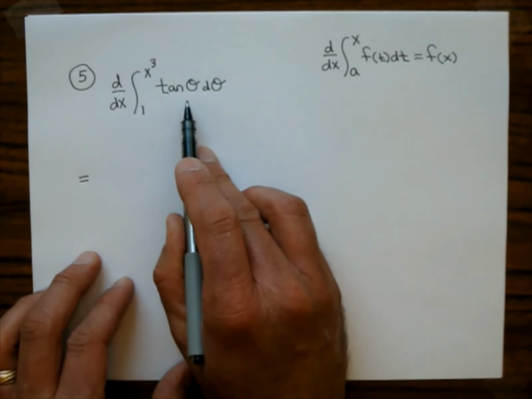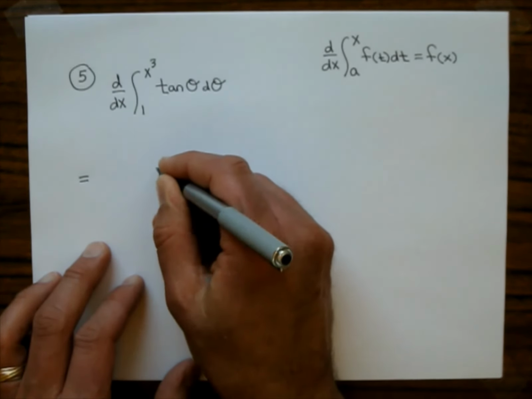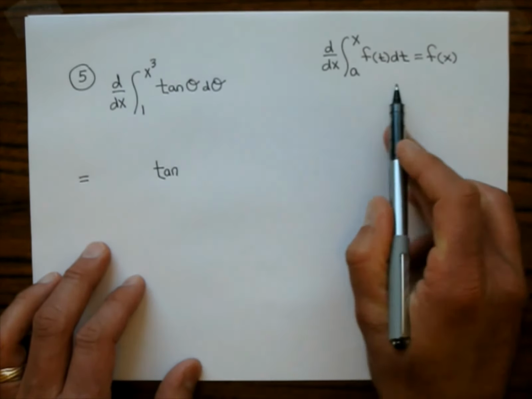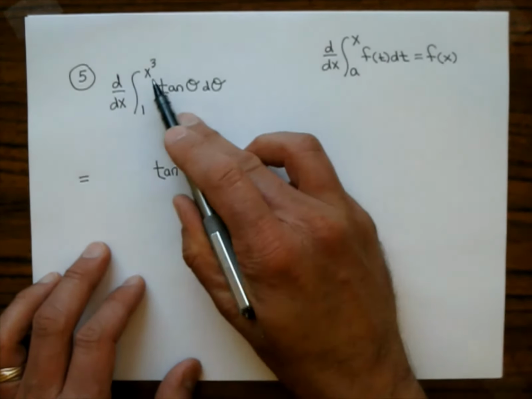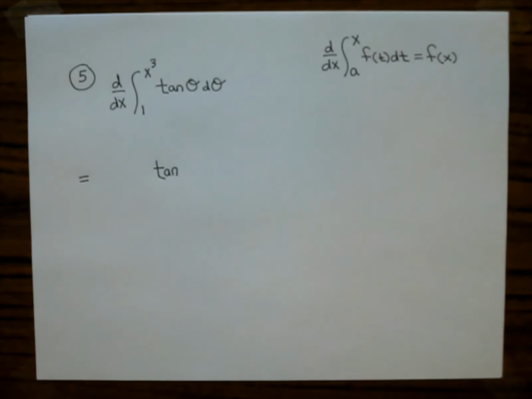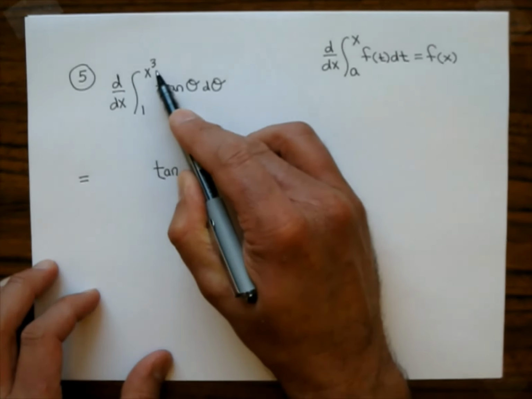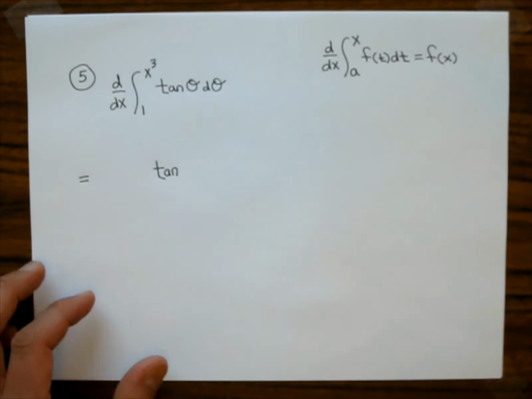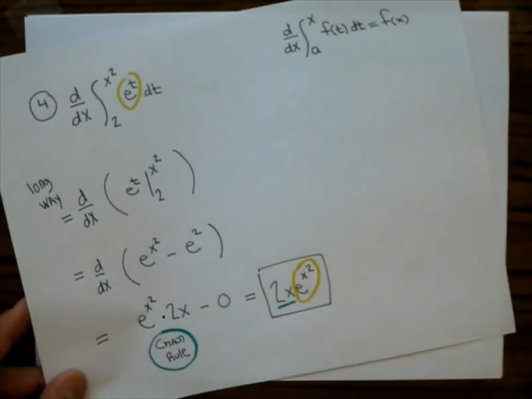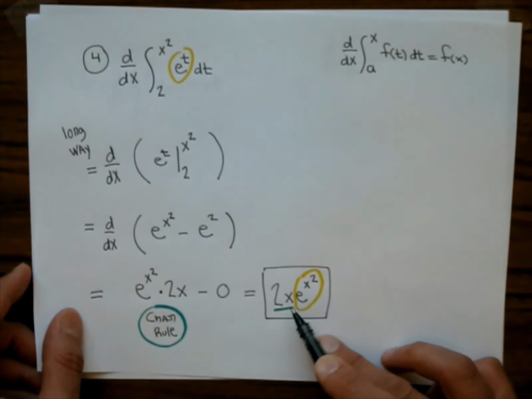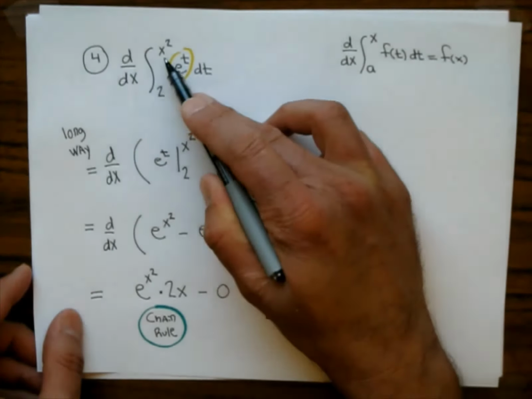So this is what I'm going to do. I'm going to write out tangent. So normally you would say, oh, that would be tangent x, because we see an x there, but it's going to be tangent of whatever this is. So I replace the theta, just kind of like what we did over here. We replaced the t with the x squared. And then we took the derivative of that, because that was the chain rule.